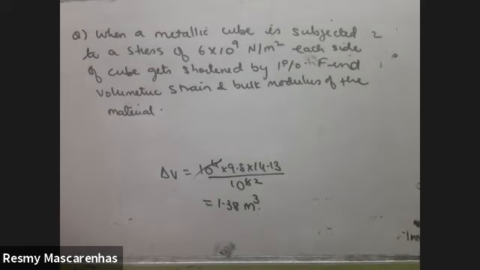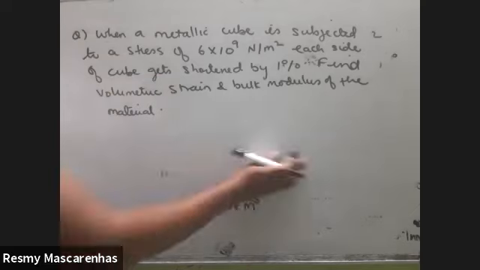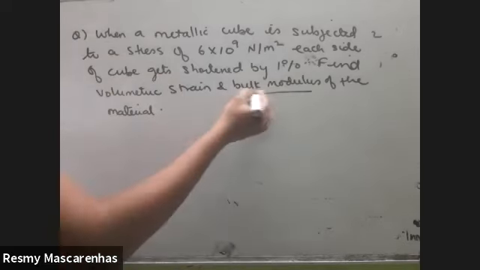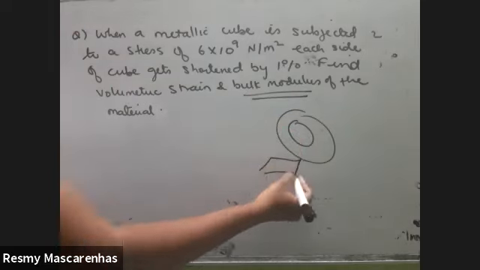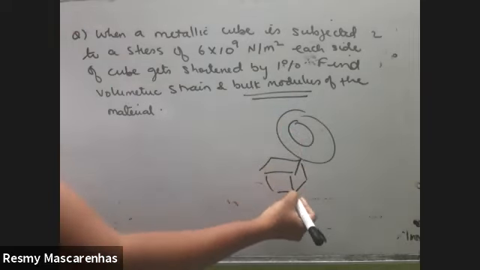Now stress has been given. Stress is nothing but force upon area. But now the main thing is the entire cube has been shortened by 1%. So cube means obviously it's volume. Bulk modulus is always related to the volume. Last time we were talking about a sphere, now this might be a cube.